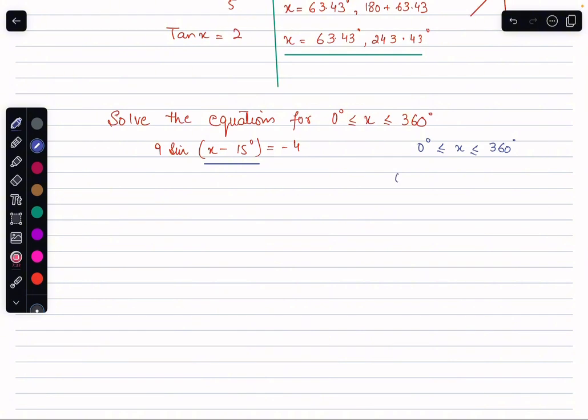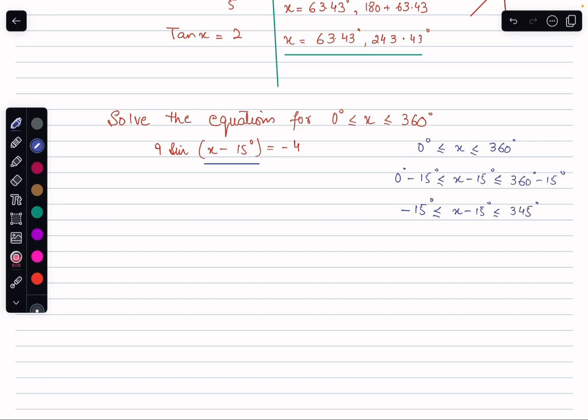So I'll say it's 0 minus 15 degrees, and for the 360 degrees also I should be adjusting this negative 15. Now I can see that my domain for x minus 15 starts from negative 15 less than or equal to x minus 15, which should be less than or equal to 345 degrees.